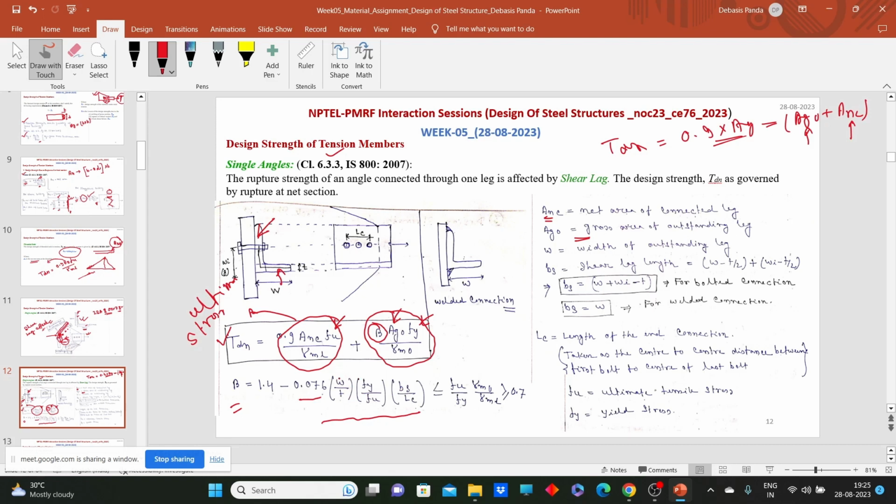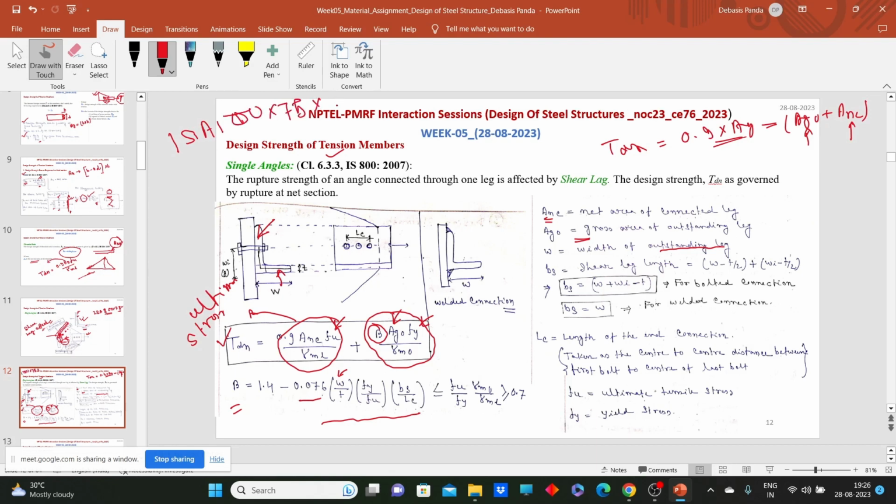So what is w? Here it is written as the width of the outstanding leg. Let's say we have a section 100 into 75 into 8.